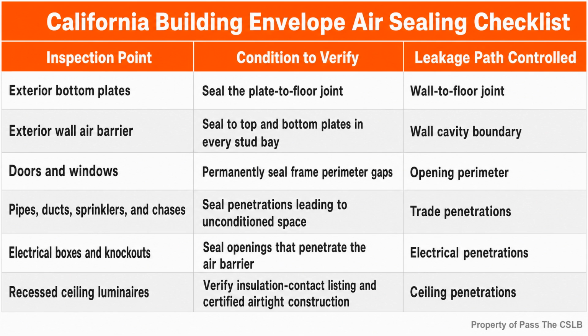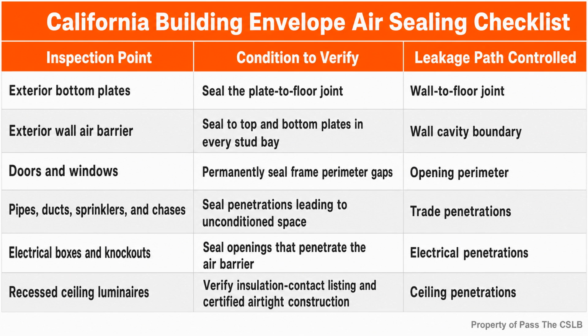A standard housing does not become a certified airtight insulation contact fixture merely because someone applies caulk at the visible trim. The required listing and airtight certification belong to the luminaire construction. Material approval should therefore happen before installation, not during a desperate inspection correction.